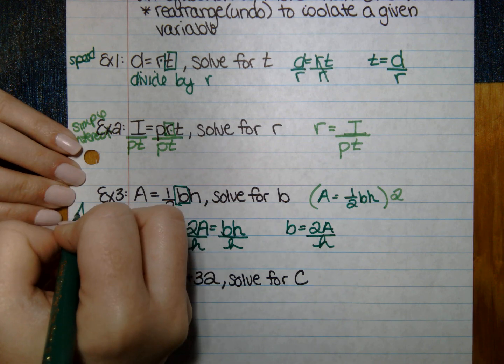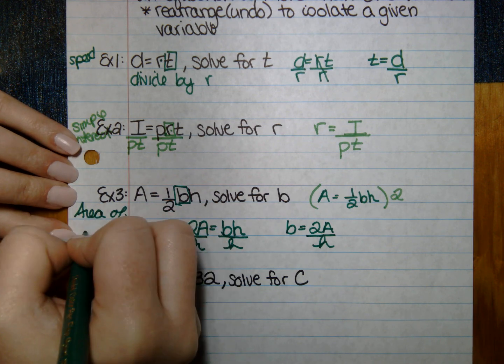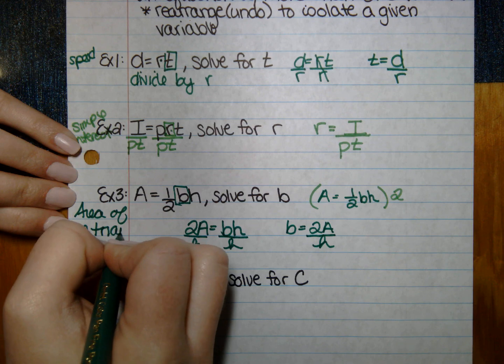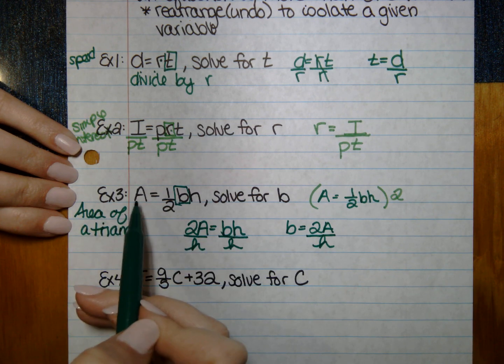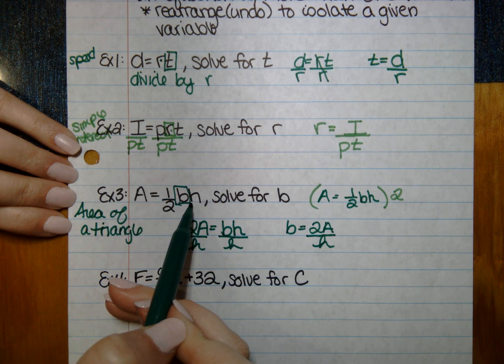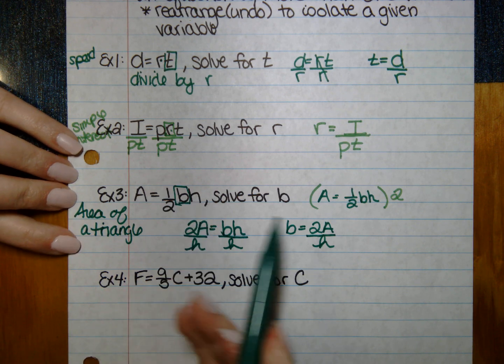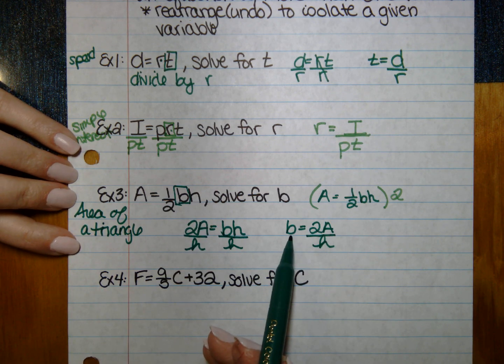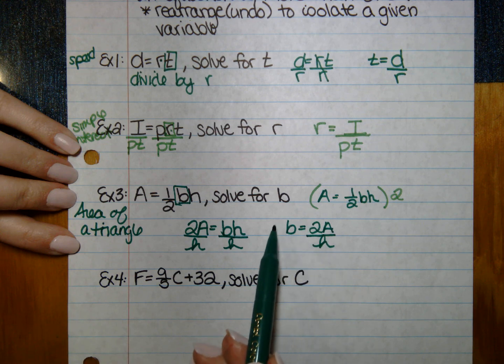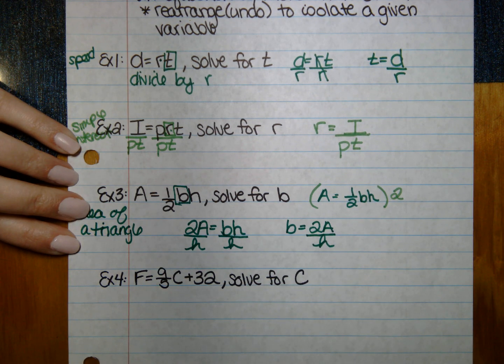This is our area of a triangle equation. So area is equal to 1/2 base times height. So this would be helpful if they give you the area and ask you to find the base. You would use this equation in order to solve it.